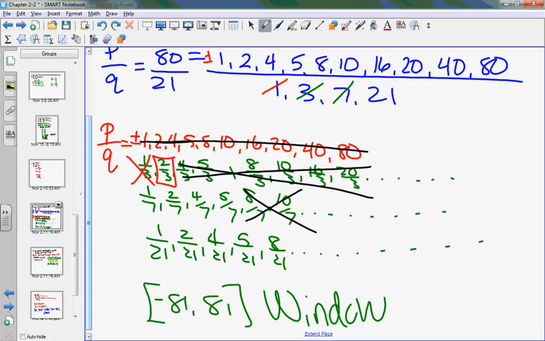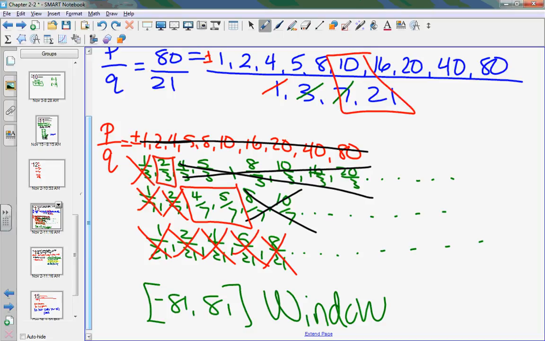That's 0.3. 1/7 is not going to be close to a half. 2/7 is not going to be close to a half. 4/7 and 5/7 could be close to a half, right? 21sts, none of those are going to be close to a half, right? Do we see that? Do you see how my brain's thinking? The only one that could be close to a half would be the 10 over 21, right? Do we see that? I'm using my brain to take out of my P over Q values, what is that possibly going to be?